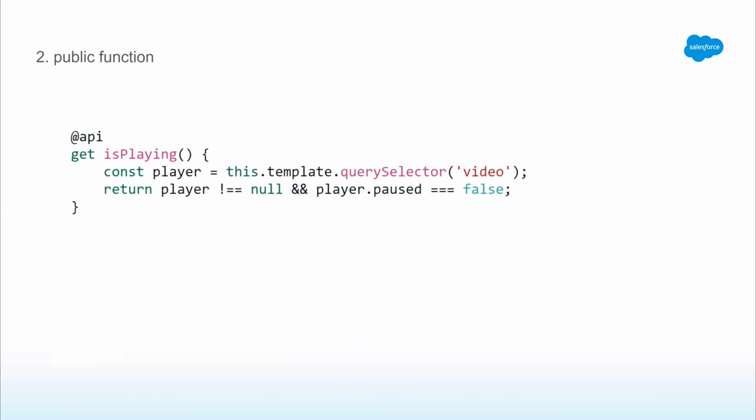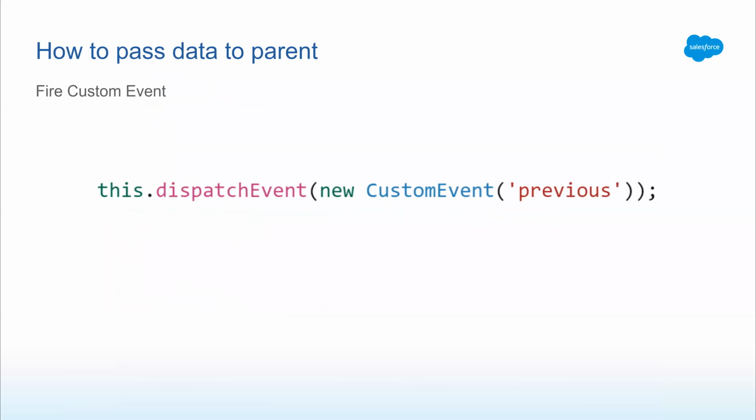Now we need to see how a child can send data to a parent. Here there is only one way, which is a custom event, and this is the format for that. This is standard JavaScript code. We use dispatch event and the name of the event, and we can also send some details, like any objects or data we want to send.